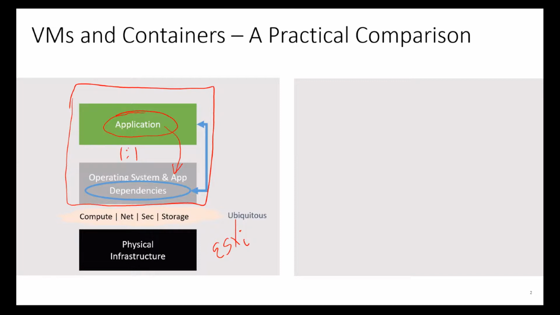Because maybe if I put two applications on the same host OS, I'm getting myself into this problem of application one needs a particular version of some, let's say, .NET dependency or Java version, but application two needs a different one.